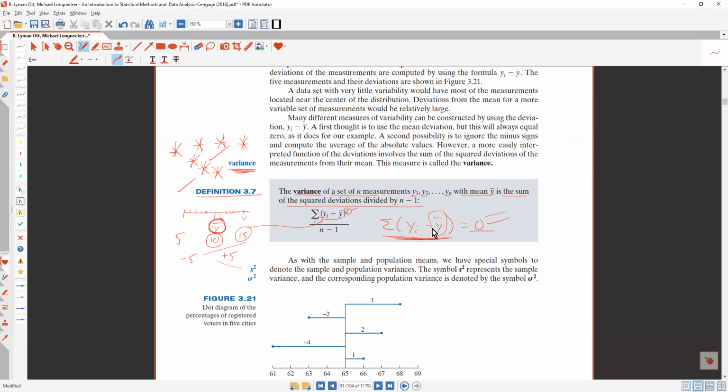So what do we do? Well, one solution is to square the deviations. If you square the deviations, what happens? Well, let's look at this example here with the plus 5 and the negative 5. The plus 5 squared is 25. The negative 5 squared is 25. Notice that by squaring the deviations, we took care of that negative, right?